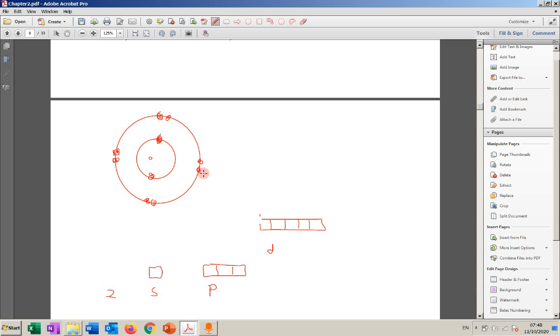Now we're going to use a different manner because of the energy and everything surrounding the nucleus. Here the first shell has 2 electrons, and the second shell has 8 electrons, but we know the first only has the s orbit, and the second has s and p. That's why we have 8, because s contains 2 electrons and p contains 6.